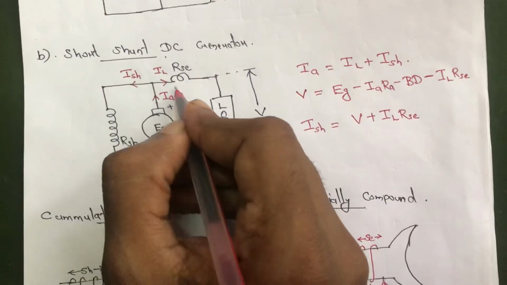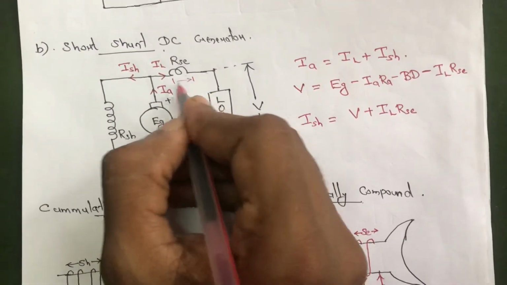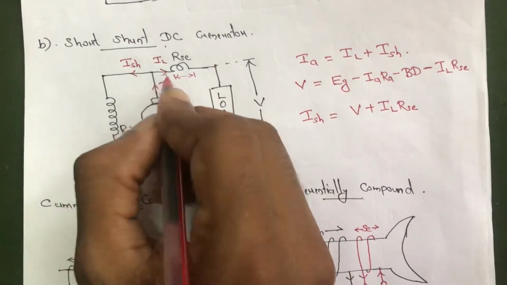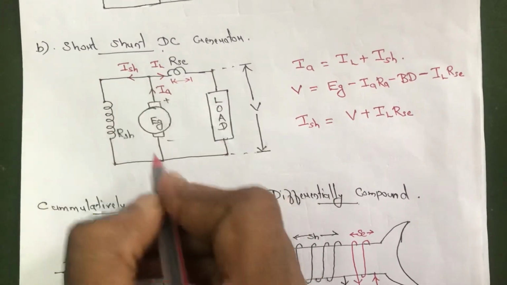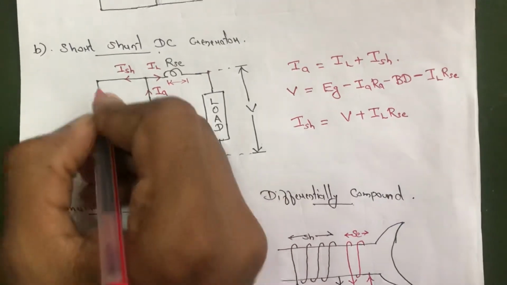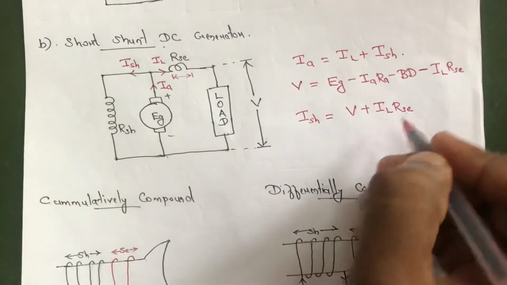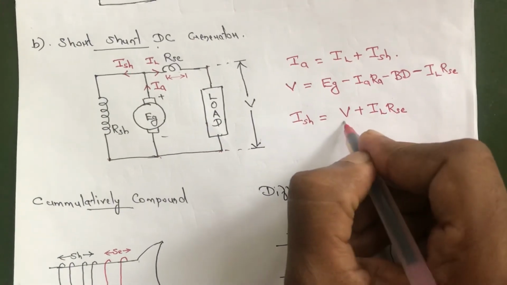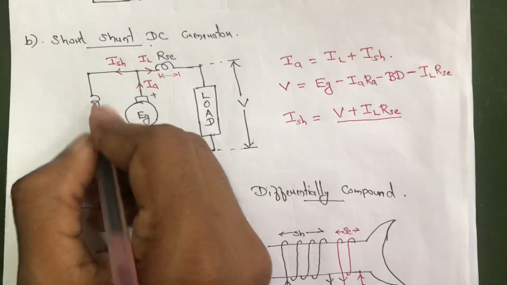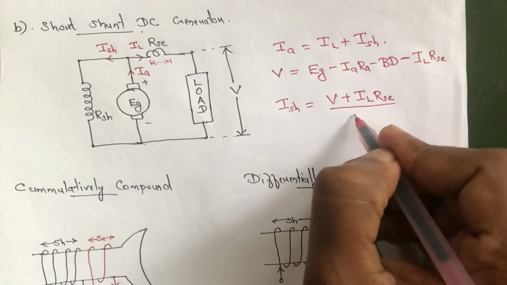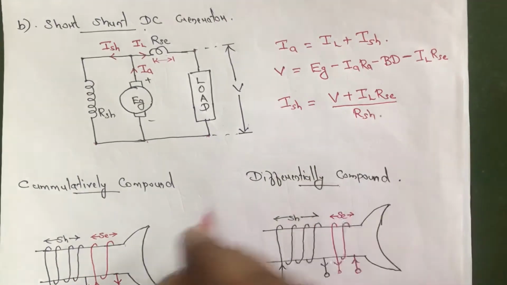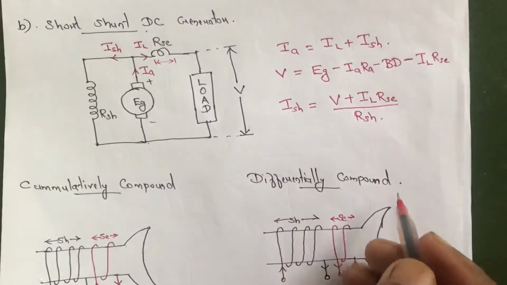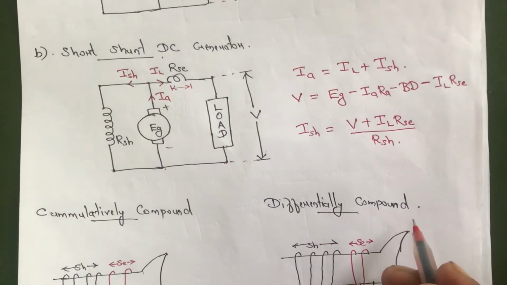The voltage V plus IL RSC divided by the resistance RSH gives ISH. So these are the voltage equations in the short shunt DC generator.